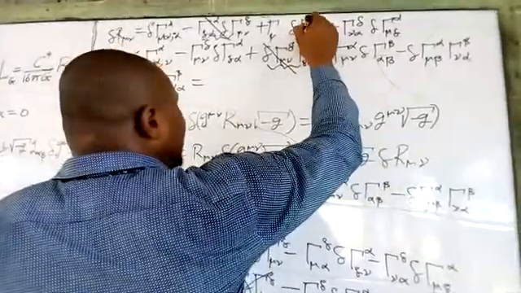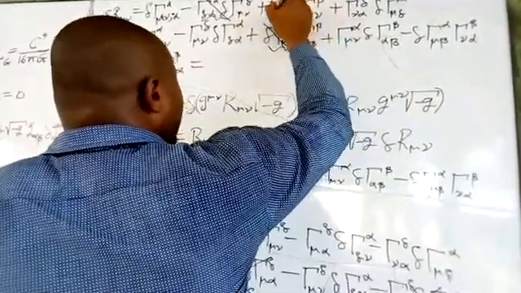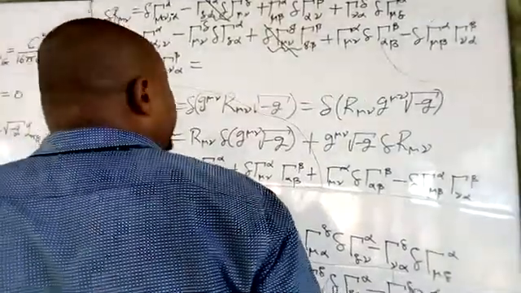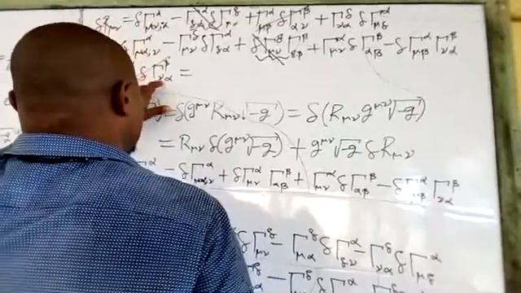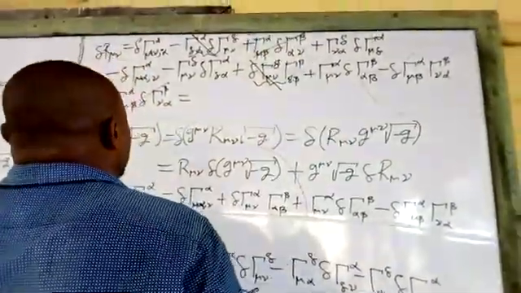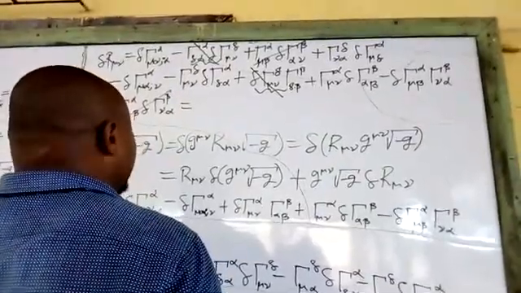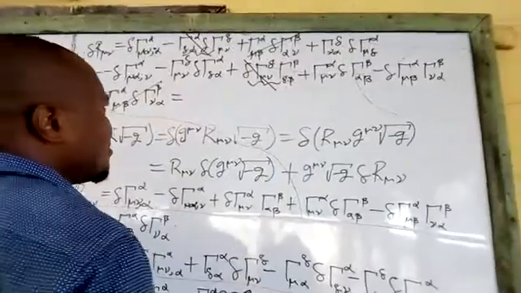So this becomes alpha, this beta, and that beta. And then again, of course, because they are just the same and of opposite signs, they cancel. Well, maybe I should say nu alpha or alpha nu doesn't matter on the Christoffel symbol because it's symmetric with respect to the lower indices. So these are just exactly the same and they cancel out.